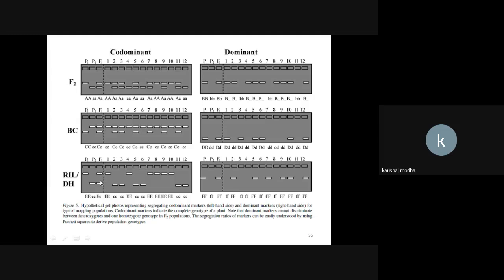F1 will be heterozygous, so it will express both these alleles. RILs are homozygous, so you don't find a heterozygous RIL. The first RIL is similar to P1, considering the molecular profile, the second is similar to P2, and like that we classify the RILs by the alleles present, and roughly you will find 1:1 segregation.